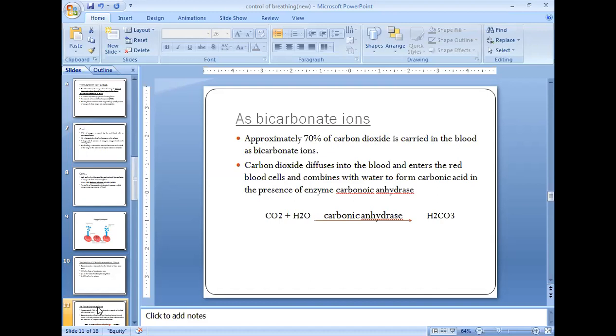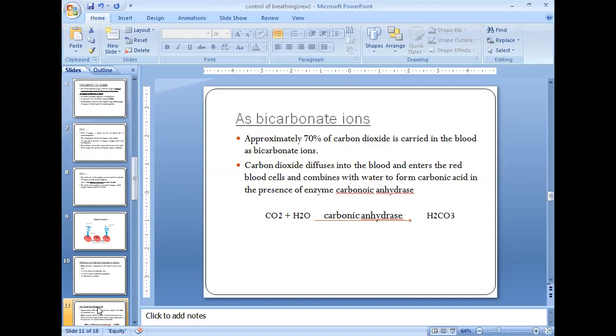First, how carbon dioxide is transported as bicarbonate ions. Students, approximately 70% of carbon dioxide is carried in the blood as bicarbonate ions. Carbon dioxide from the tissues enters into the blood vessel, then enters into the red blood cells, and inside the red blood cells, it combines with water in the presence of an enzyme called carbonic anhydrase, and it gets changed into what?